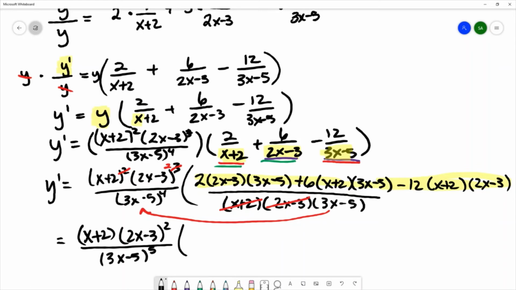And now I just have to simplify all that algebra on the right. A bunch of multiplying out and combining like terms.